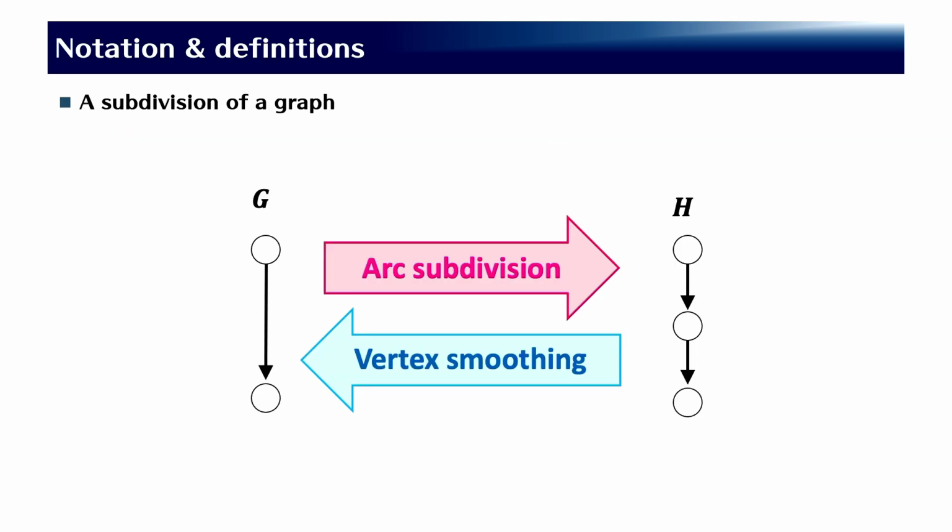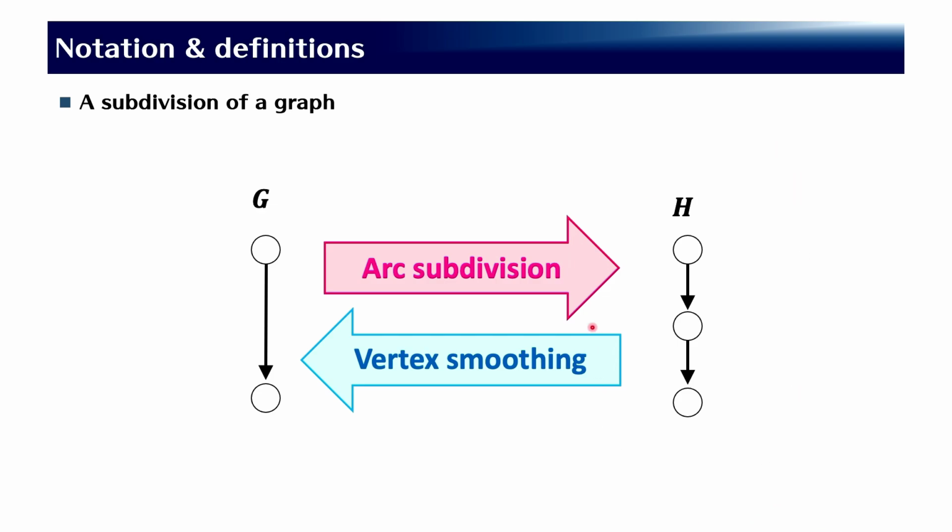Given a graph, the operation of subdividing an arc consists of inserting a new vertex and replacing the arc in question with a directed path of length 2. The resulting graph is called a subdivision of the original graph.